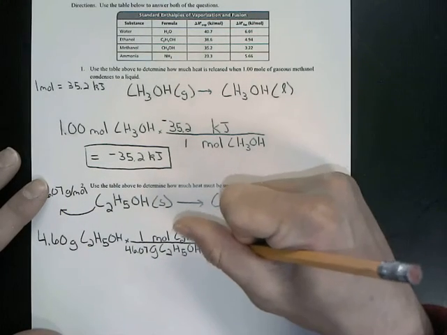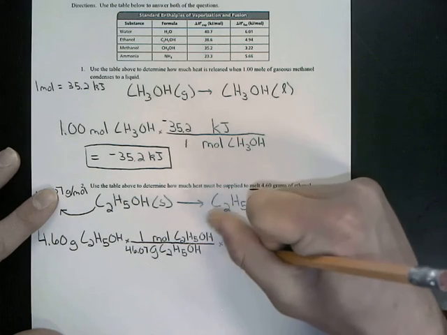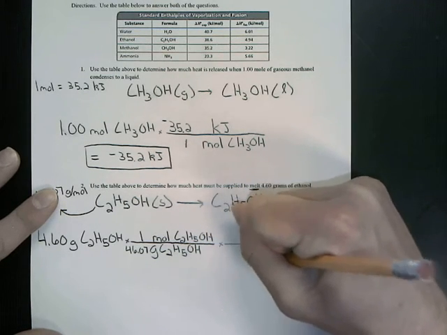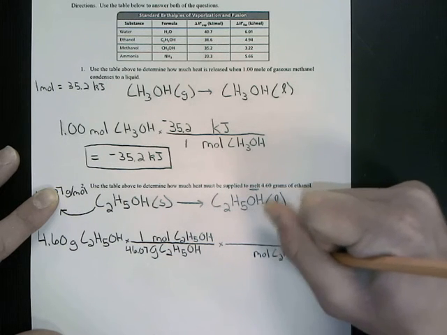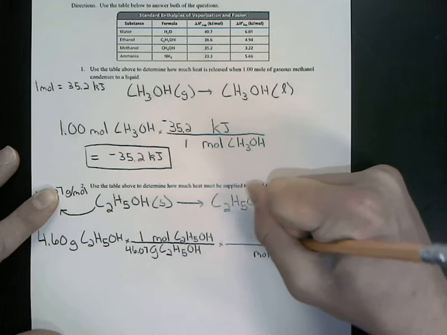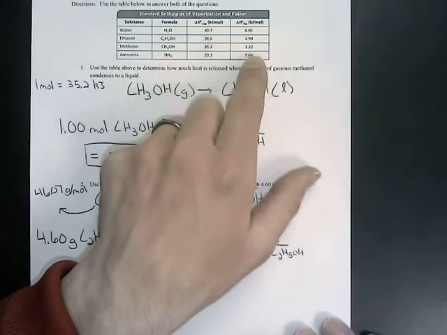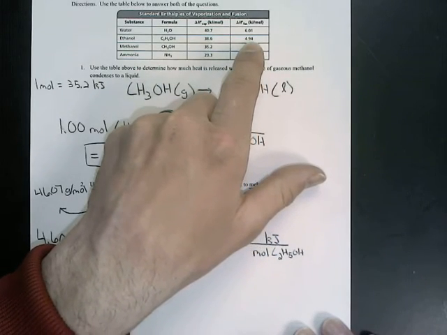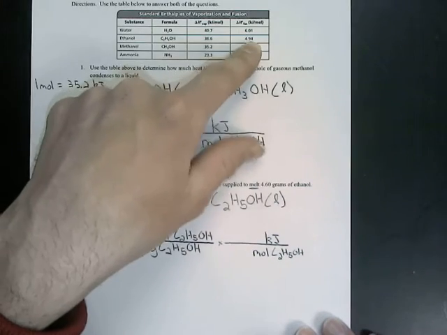Now, we need to get rid of moles and talk about heat. So moles of ethanol is going to cancel, and then on top, we can get to heat, for which we use the unit of kilojoules. When we melt something, we need the delta H of fusion. Ethanol's delta H of fusion is 4.94 kilojoules per mole.